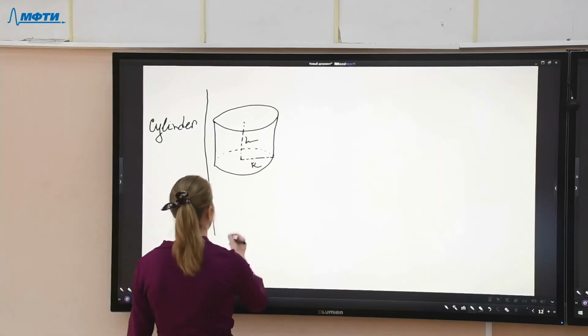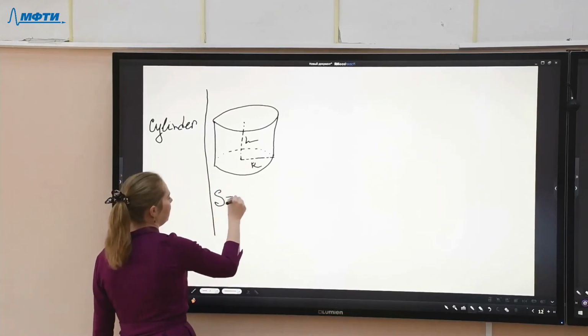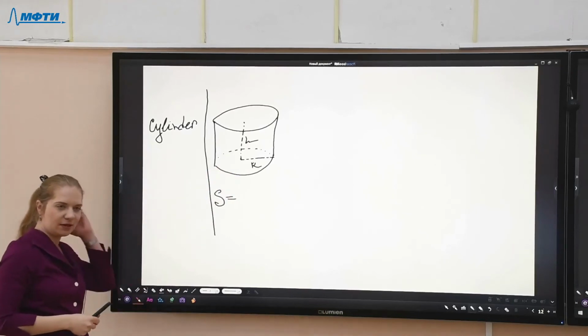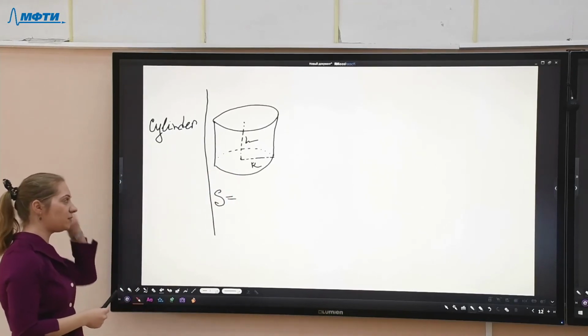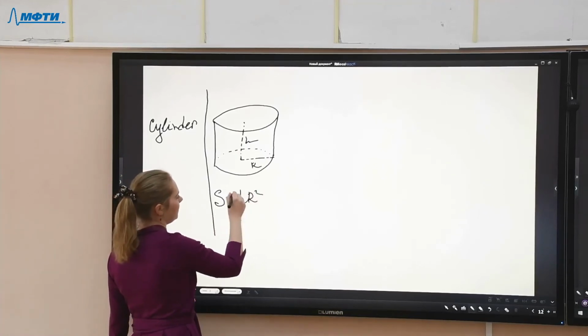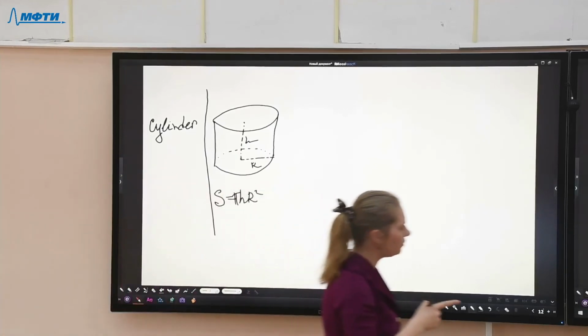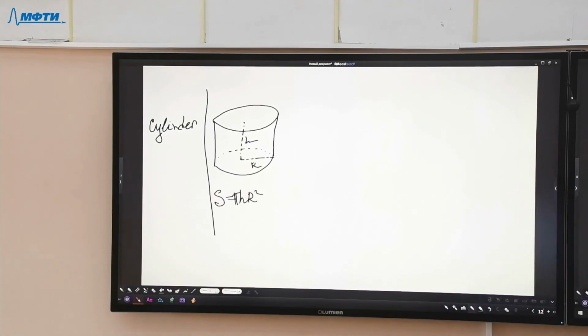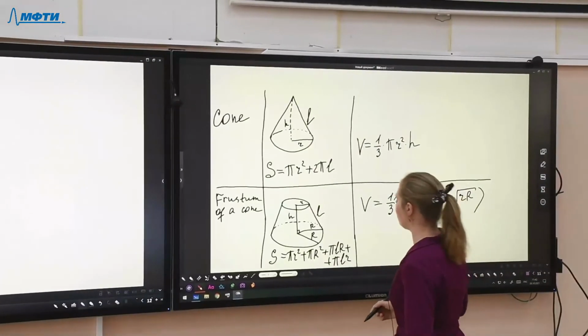So the area of a surface is 2 areas of these circles because we have 2 bases, and the area of each base is R squared times pi. Oh, by the way, yes, here I forgot pi in this formula.